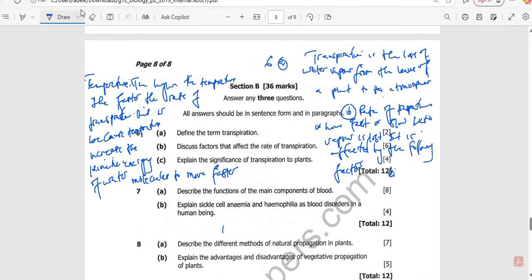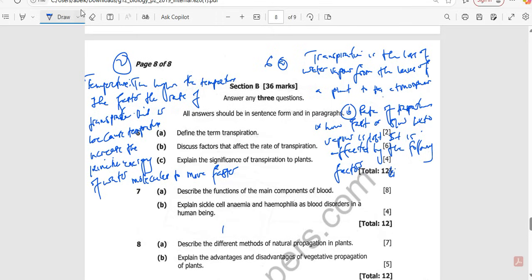So I've discussed one factor. Bear in mind that I have 6 marks here. One factor discussed means that I will obtain 2 marks. Then the other factor, I should also discuss in order to get another 2 marks.